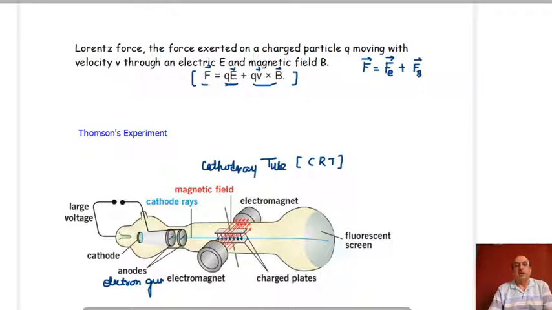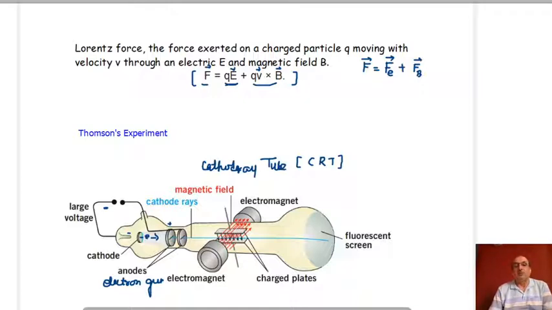Inside the tube, there is a cathode, which is negatively charged by a very large voltage, and the anode, which is positively charged by a large voltage. The cathode may release electrons. These thermal electrons, which are released from the cathode, will move toward the anode because the anode is positively charged.